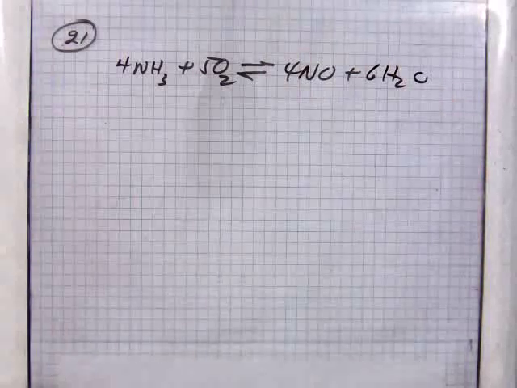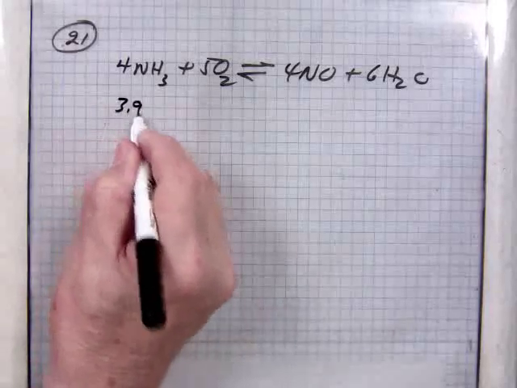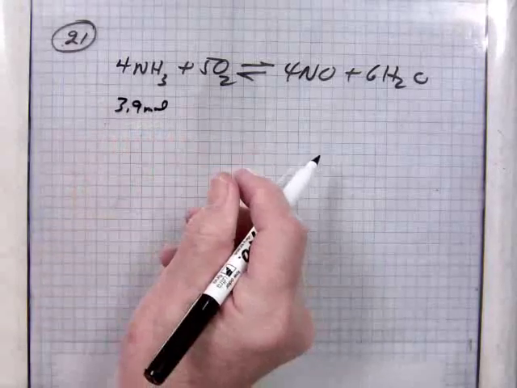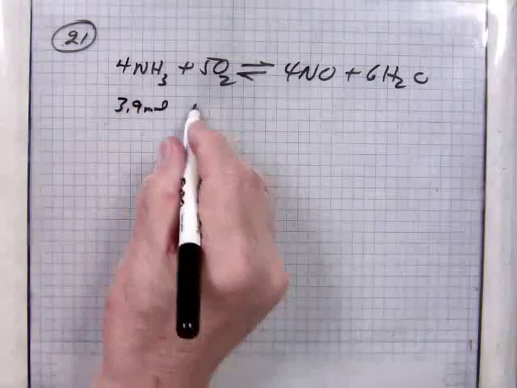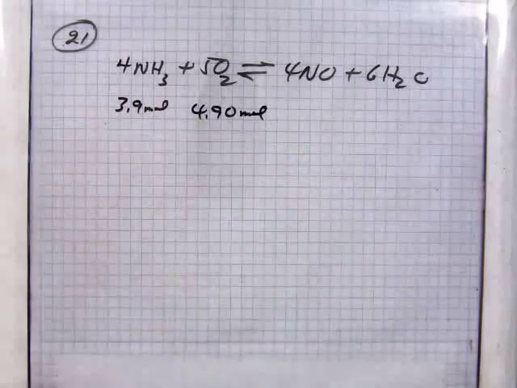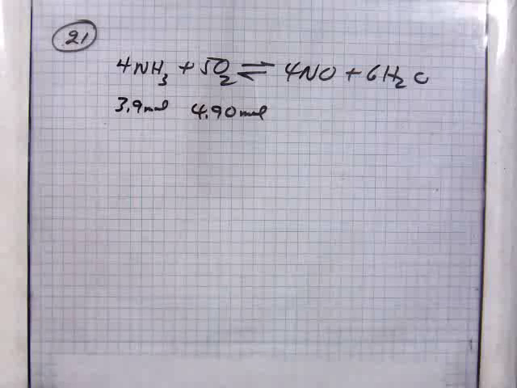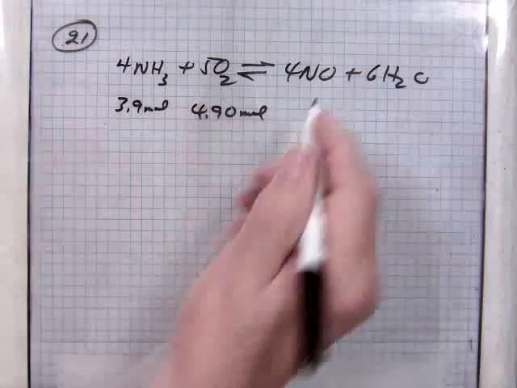In a test of the process, a reaction vessel contained 3.9 moles of ammonia, 4.9 of oxygen, and was heated to a high temperature. When the equilibrium was established, it was found that it contained 2.9 moles of the nitric oxide.